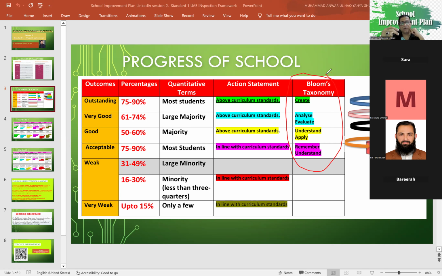If you are trying to move from a good school to a very good school, then when crafting your learning objectives, they should use the highest Bloom's taxonomy words. I will come to this point towards the end and tell you how to create this. Inshallah, we'll discuss it later on.